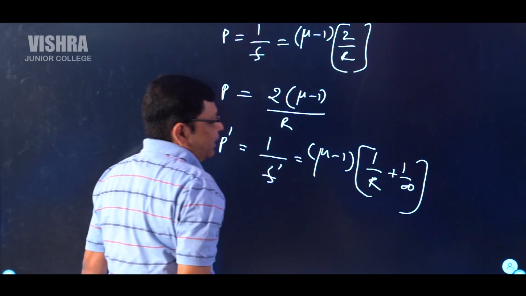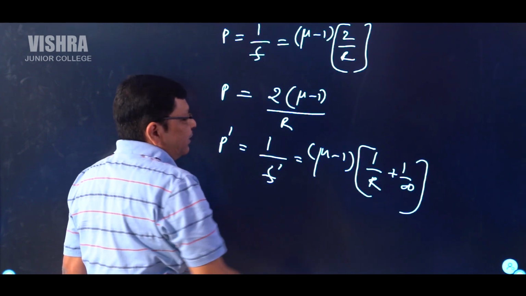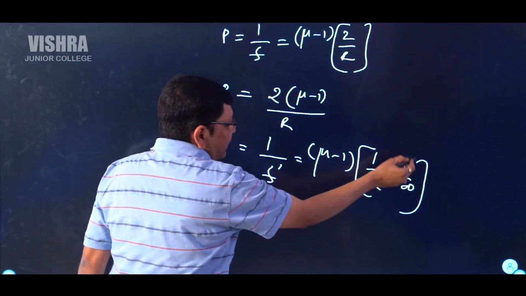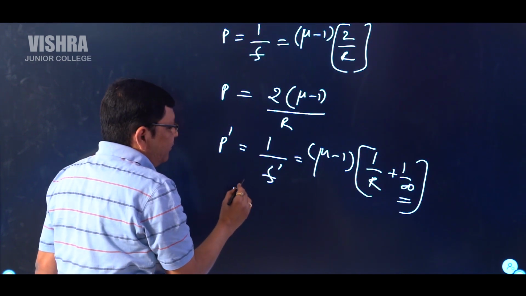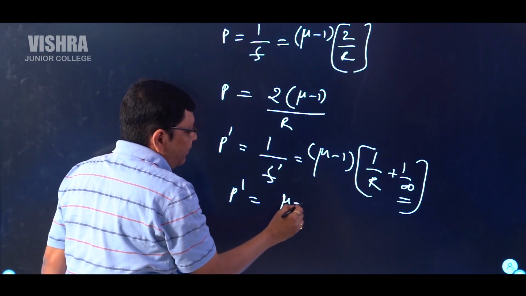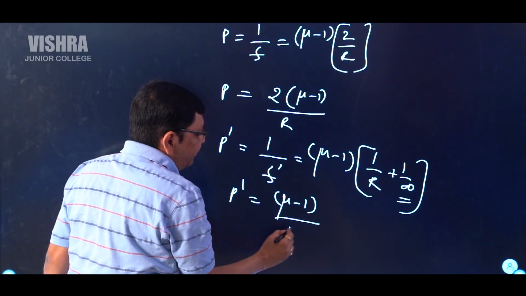From the sign convention, 1 by R1 minus of minus 1 by R2 is plus, so this term is 0. So (μ minus 1) by R. So in the second case, the power is (μ minus 1) by R.